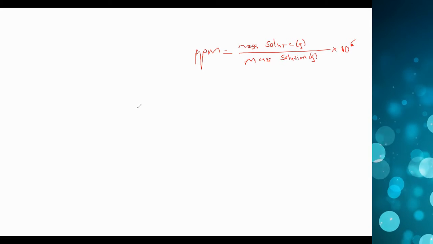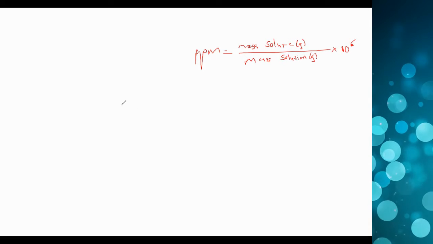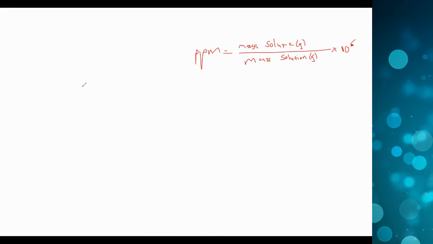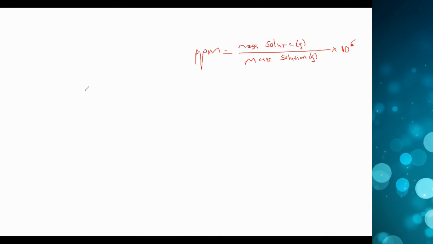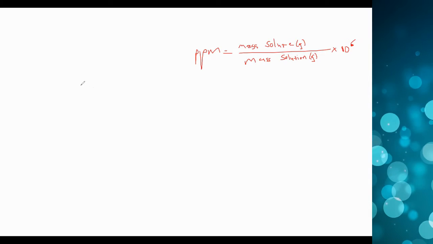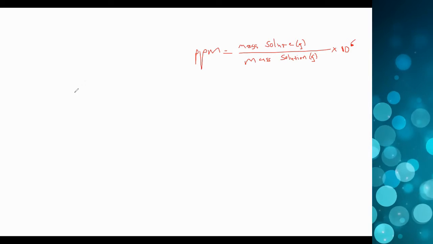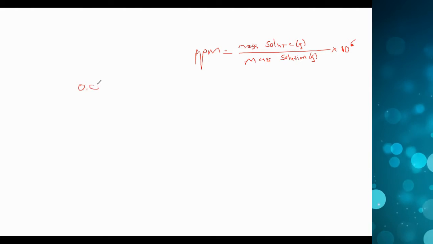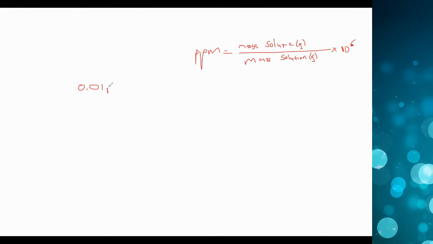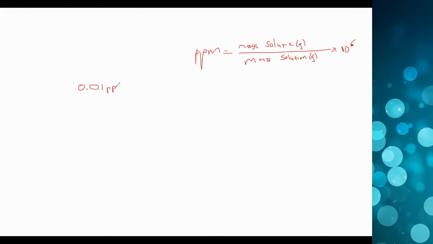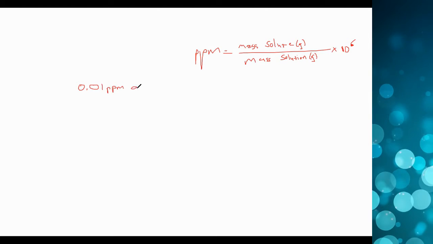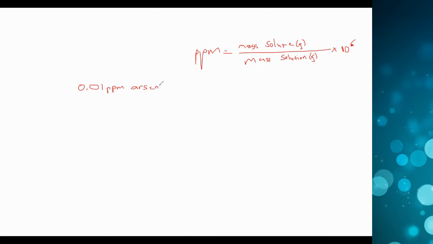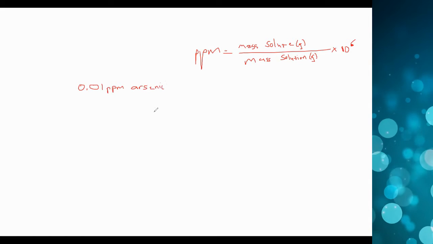So here's some application. And again, if you're in my class, we talked about this. Water quality testers go out and test it. According to, I think, the FDA, you could have 0.01 ppm of arsenic.